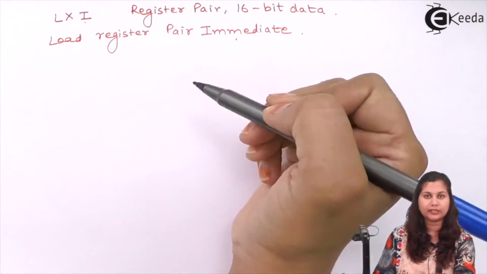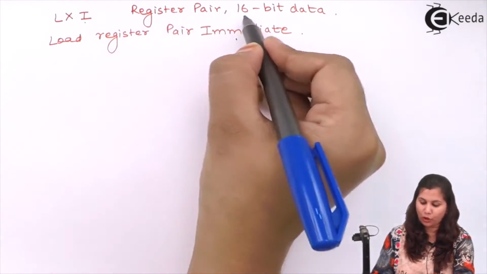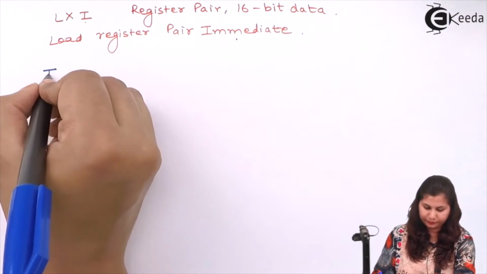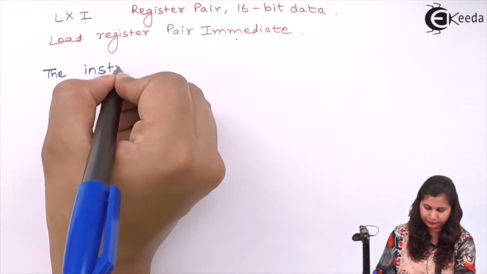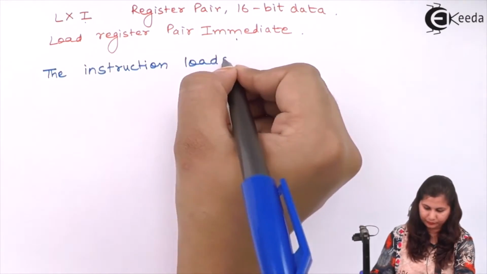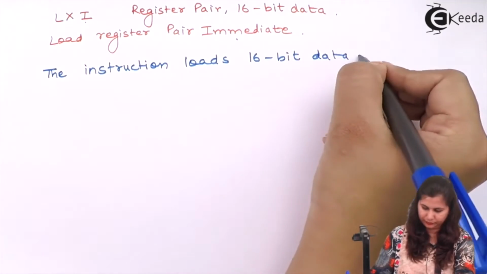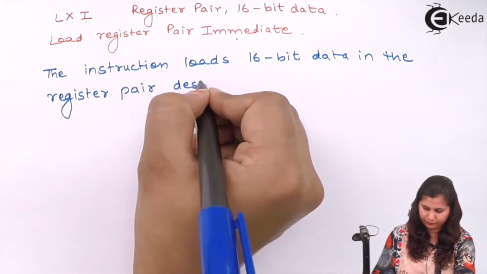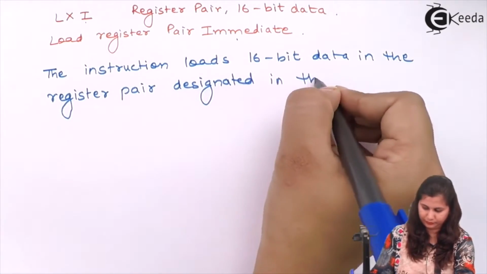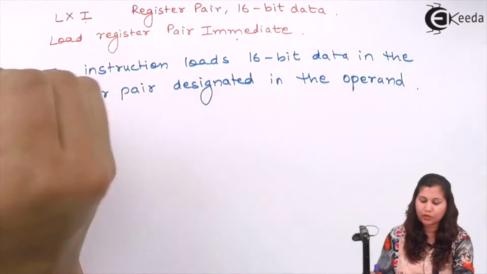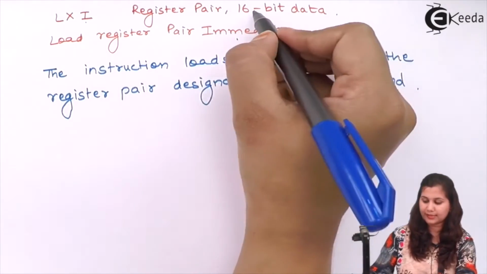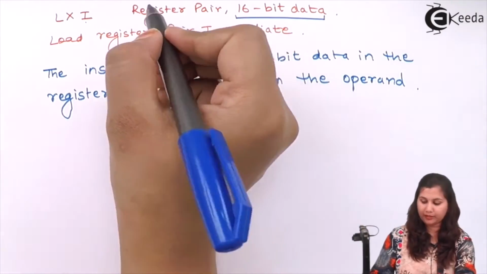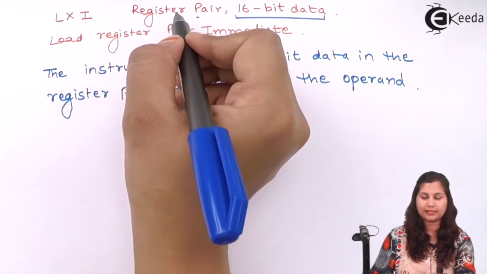This I is for the immediate data, and we have the operand as the register pair and the 16-bit data. So this instruction is loading the 16-bit data which is given in the instruction into the register pair, which is also specified in the instruction.